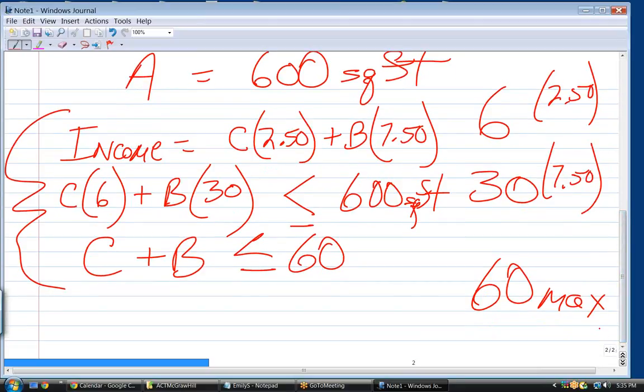Well, the way you do linear programming is you graph basically both your inequalities and you examine the vertexes of your graph to determine which one produces the highest income. Okay. So let's graph the easiest thing we can graph. C plus B has to be less than or equal to 60.